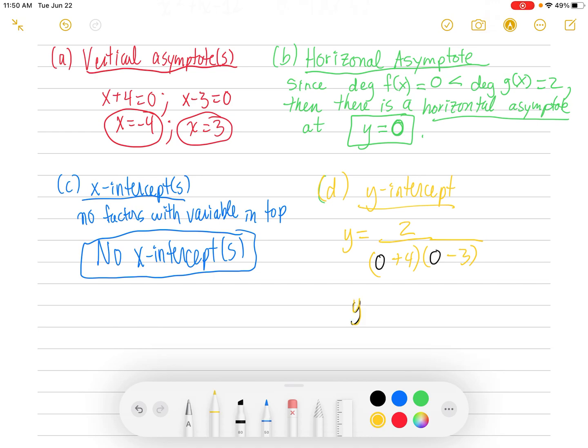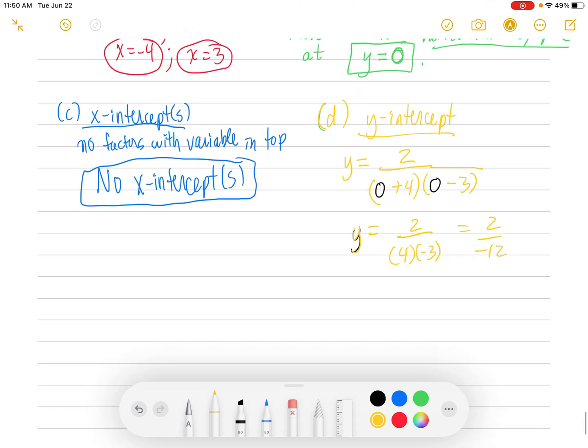So everywhere I have an x, I'm going to plug in a 0. So when I do that, I clean that up, I'm going to get 2 on top, and on bottom 4 times negative 3. In other words, 2 over negative 12, right? 4 times negative 3 is negative 12. So 2 over negative 12 is the same thing as minus 1 over 6. So we have a y-intercept at minus 1 over 6.